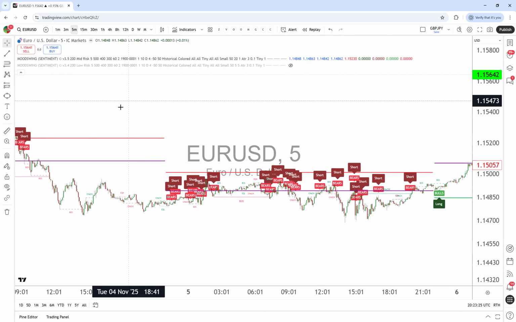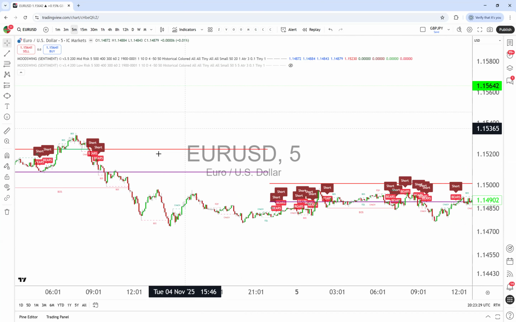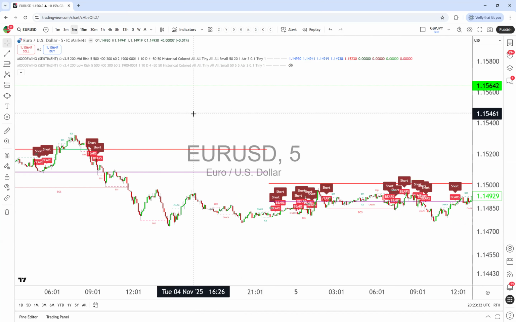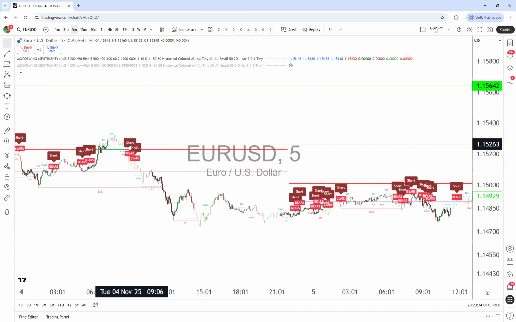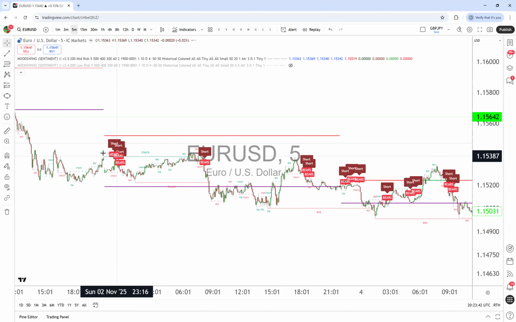That is because our mood swing level here is actually telling us that we should be looking for shorts, bears. So even though we have the bulls and the bears switched on, we will only get signals for the shorts and bears. You see what I mean here? Look at it.